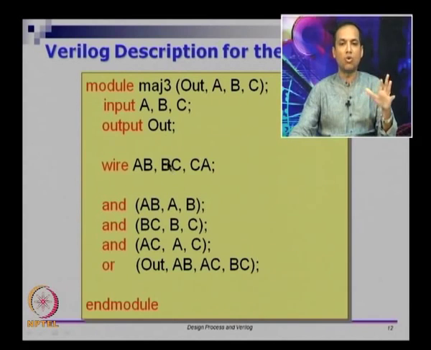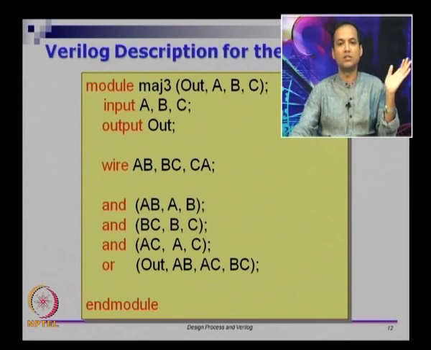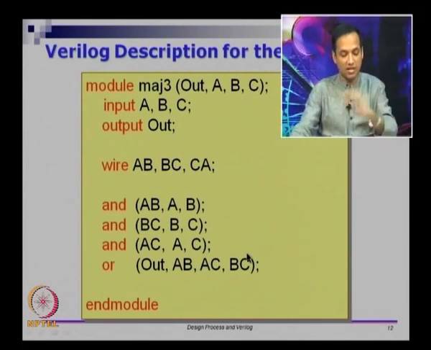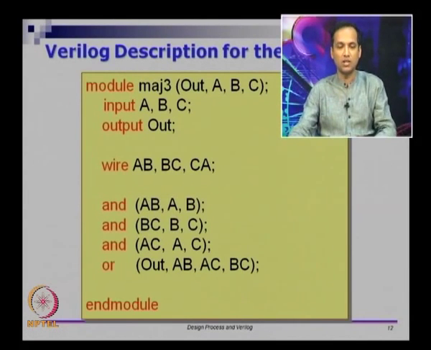I will need 3 more wires inside and I will need 4 gates of this kind, and this tells you the connections that you need, right. Anything that you need to describe the circuit is there. So given a Verilog description, you can draw a circuit. We started the other way around. I gave you the circuit and I wrote Verilog because we don't know Verilog yet, but given Verilog later, you may be able to understand what the circuit is by just looking at it.